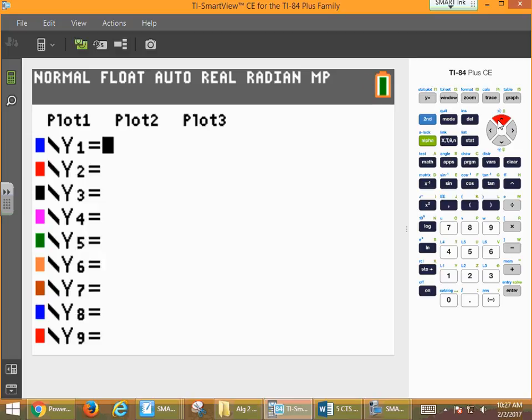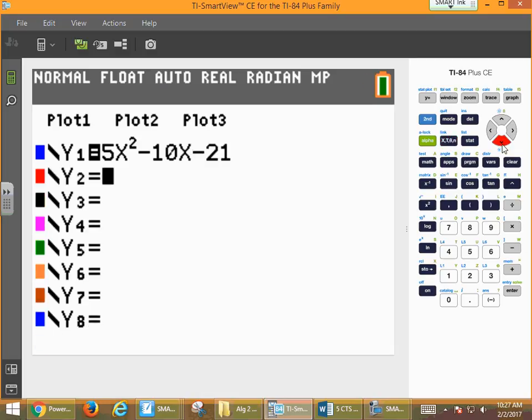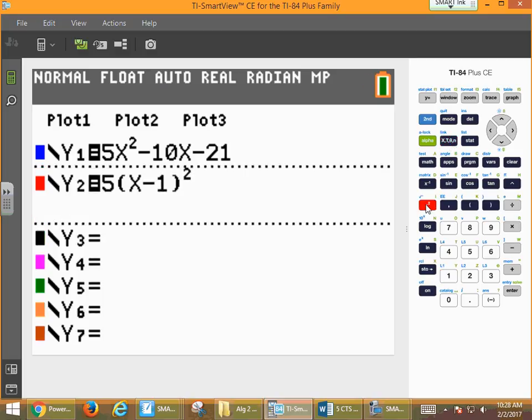So our first one is 5x squared minus 10x minus 21. And then our second is 5 quantity x minus 1 squared minus 26.